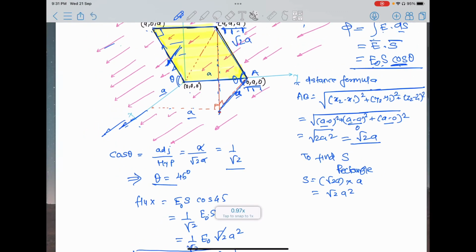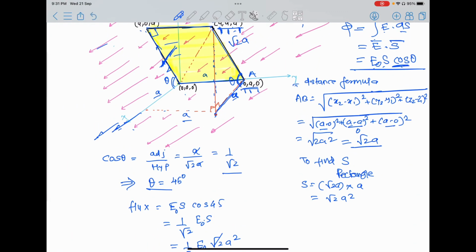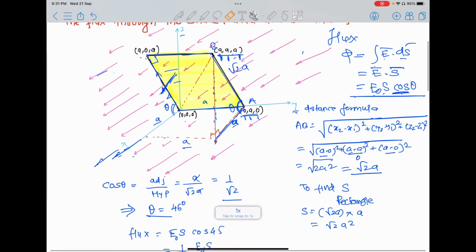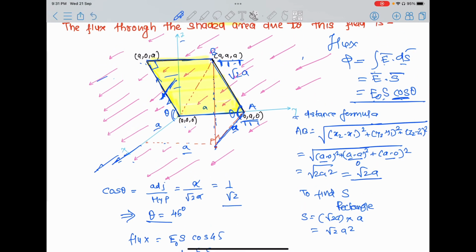We can see that because of the tilt of this rectangle, the amount of flux is not maximum. Otherwise, what would be the amount of flux had this rectangle been in the YZ plane? If the rectangle was in this YZ plane, then the flux would be perpendicular to the surface, but parallel to the area vector.